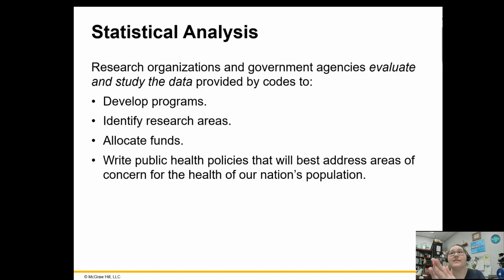So, examples of this, say there's a certain state or even city where there is an increase in colon cancer, or an increase in lung cancer, or it could even be as small as the flu numbers and concentrations. So it really helps our government and the CDC understand where they need to send resources. Say there's an epidemic somewhere. They are able to track it, and that supports the need for those extra supplies or extra funds that are needed.